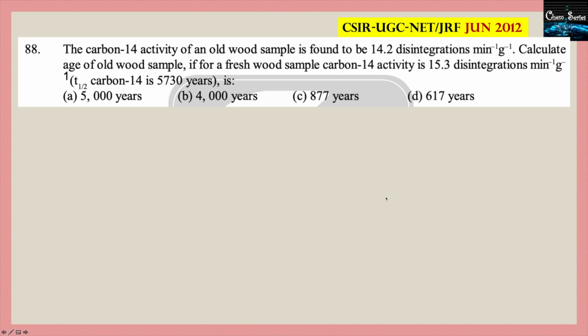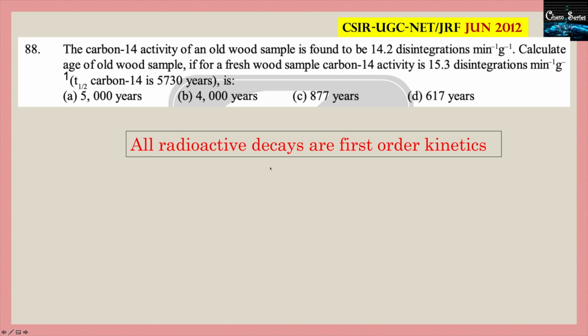Okay. So you have to know that all radioactive decays are first order kinetics. That is, this carbon-14 activity is also a first order reaction. And they have given us the initial concentration of the reactant to be 15.3 dpm. The fresh wood sample's carbon-14 activity is the initial concentration, because it is fresh wood, that is, it is in the initial stage.